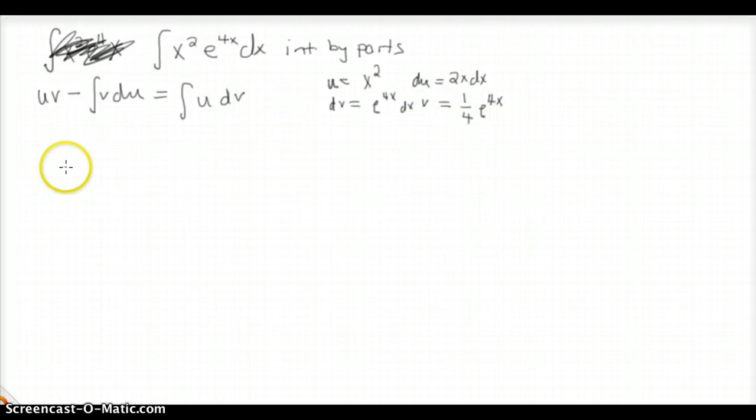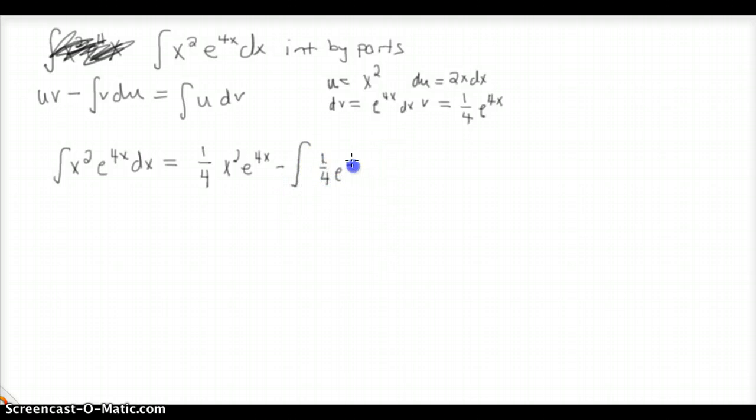Okay, so we can plug back into our formula, and we're going to say the antiderivative of x squared times e to the 4x dx is going to equal u times v, so that's 1/4 x squared e to the 4x minus the antiderivative of 1/4 e to the 4x times 2x.